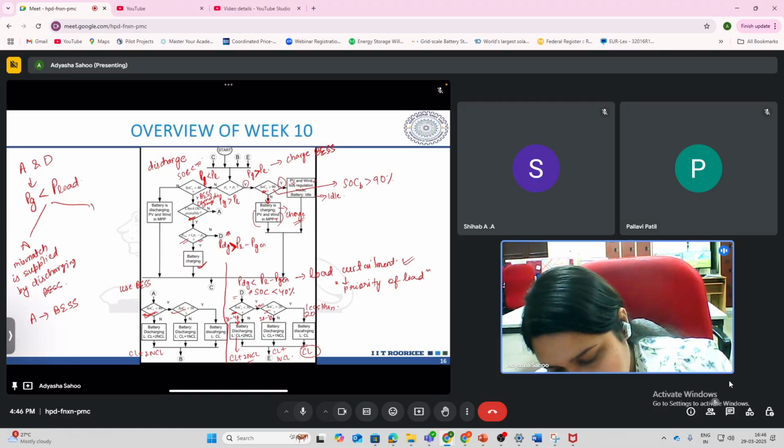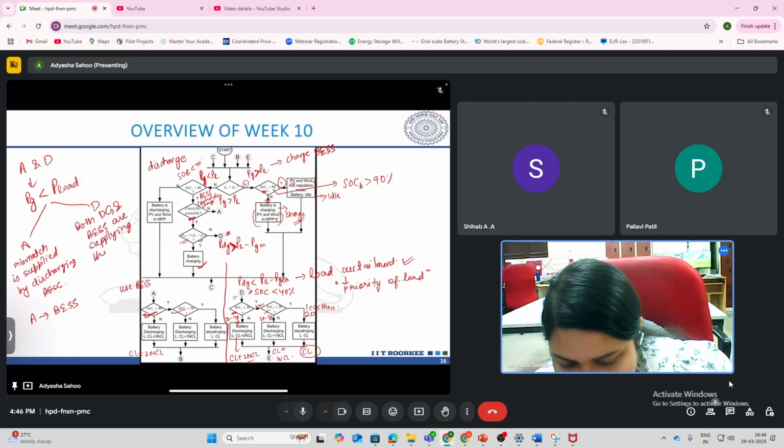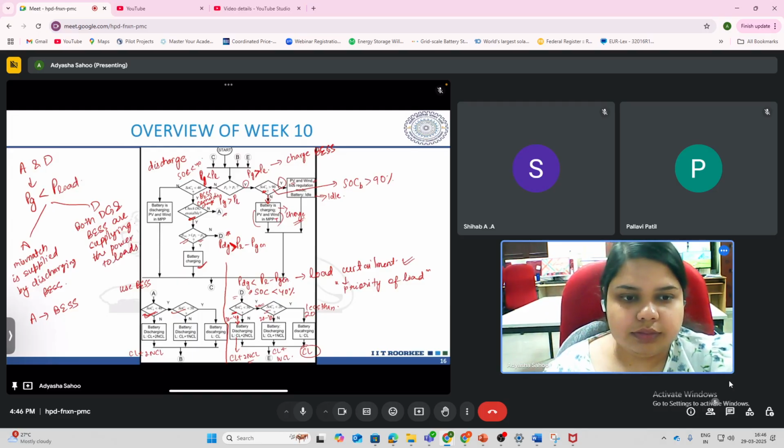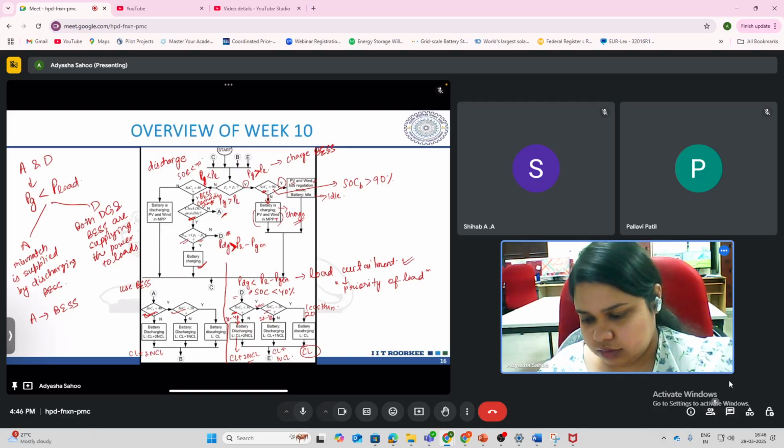But in D, both DG and BESS are supplying power to the loads. That is the difference between A and D. Is this clear?